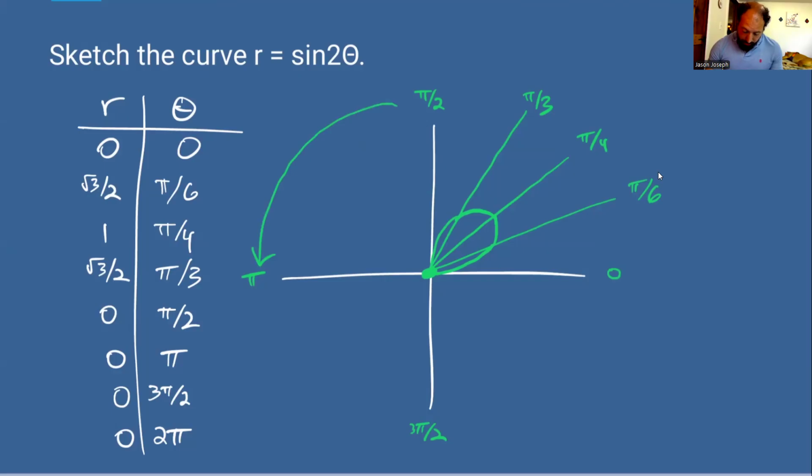Now, as we range from pi over 2 to pi, that same sort of thing is going to be happening, but let's think about the graph of the sine function. Well, sine of 2 theta.